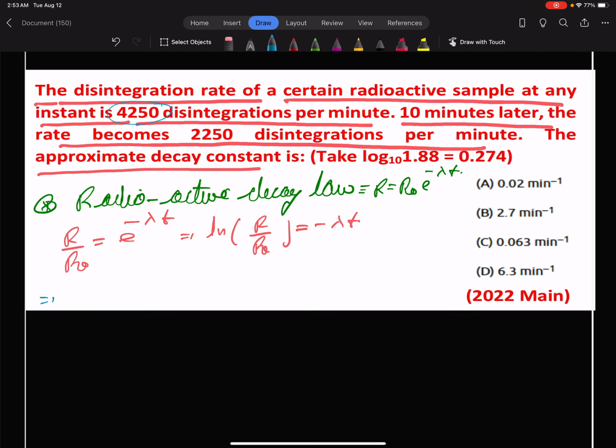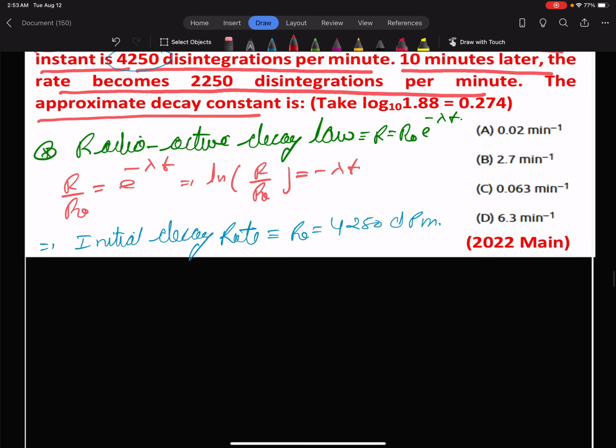So we can write our initial decay rate R naught as 4250 disintegrations per minute, and after time t, at time t equal to 10 minutes, the decay rate, that is the value of R, comes as 2250. So we simply substitute the values.